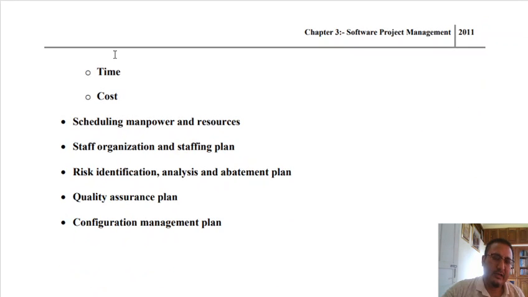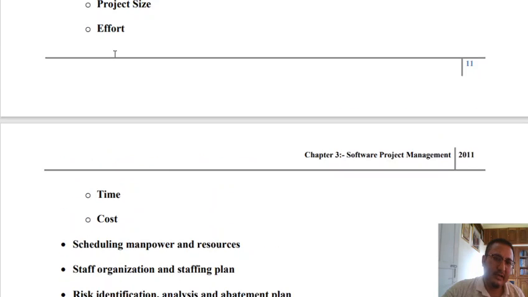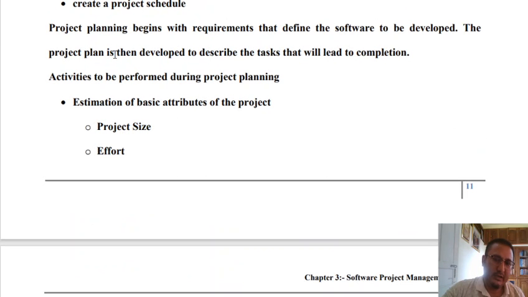The second important aspect is scheduling manpower and resources. Then staff organization and staffing plan, risk identification, analysis and abatement plans, quality assurance plans, and configuration management plans. These are the important activities performed whenever planning is done.